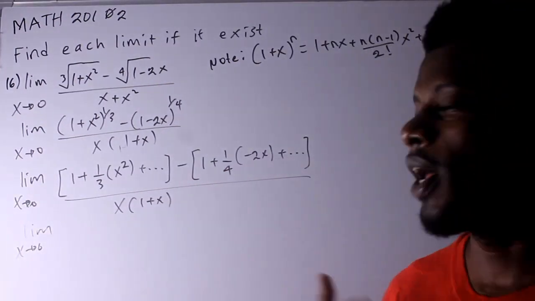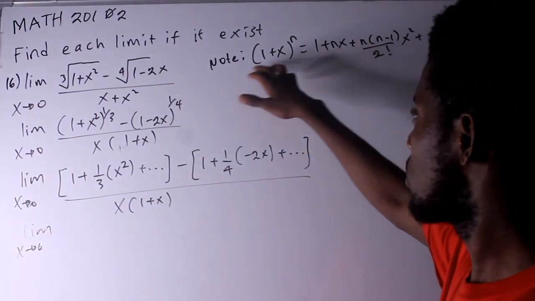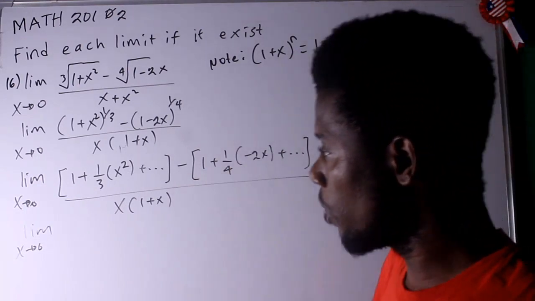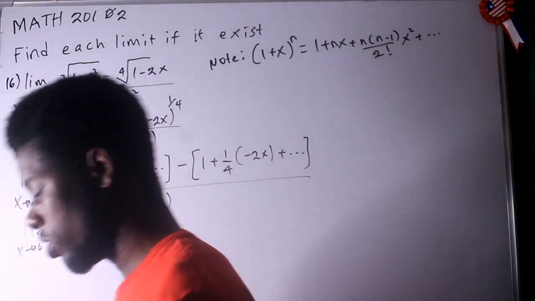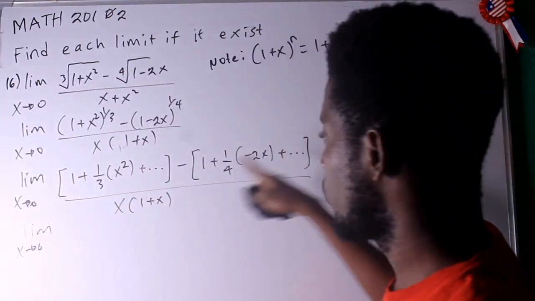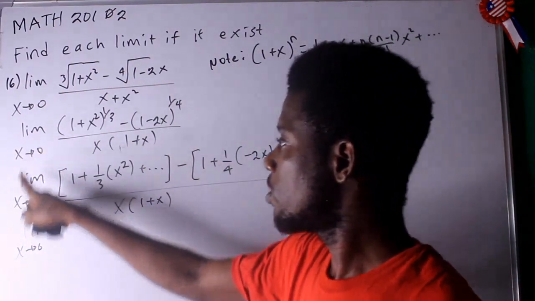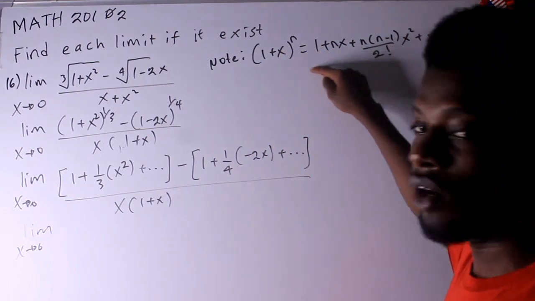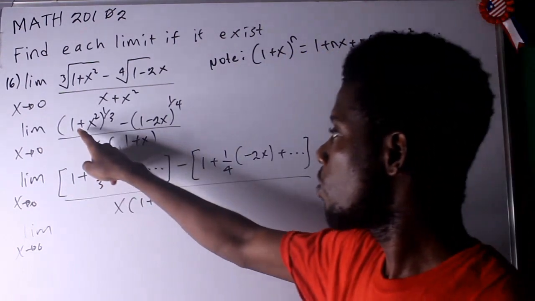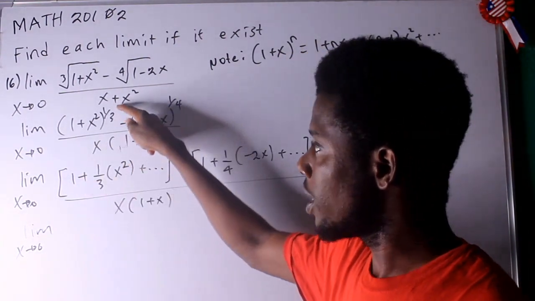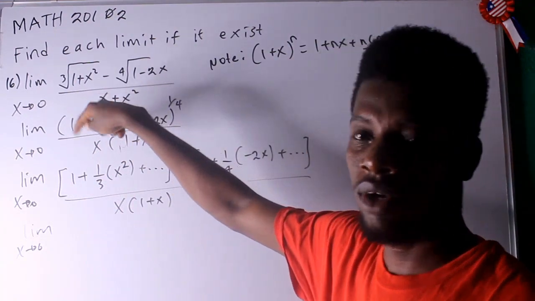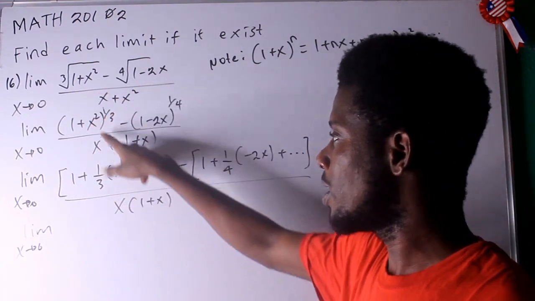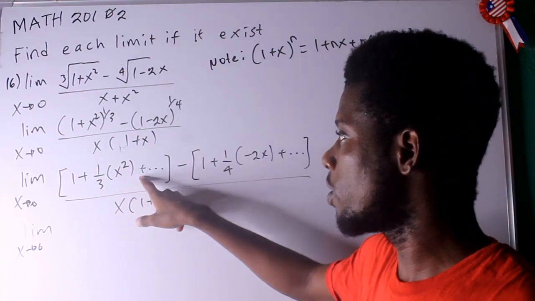From here, we can apply this expansion right here. We apply this expansion, so we have the limit. From here we have 1 plus nx according to the expansion. So you have 1 plus, the n is the power of the entire expression, so it's 1 over 3, and the x is x squared, so 1 over 3 x squared plus.